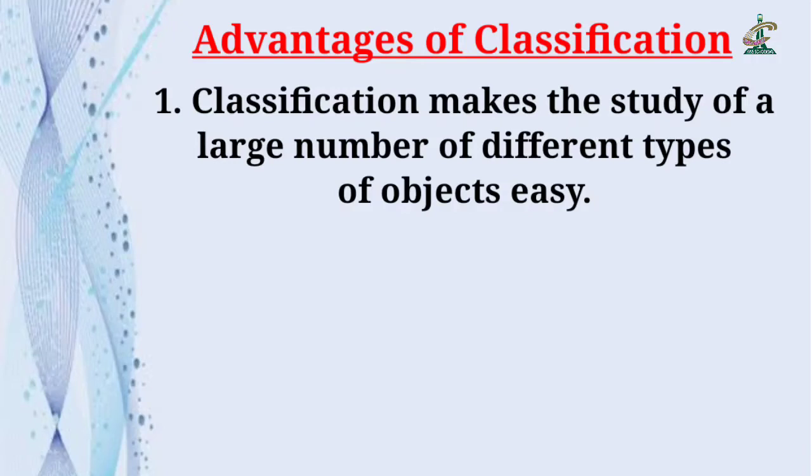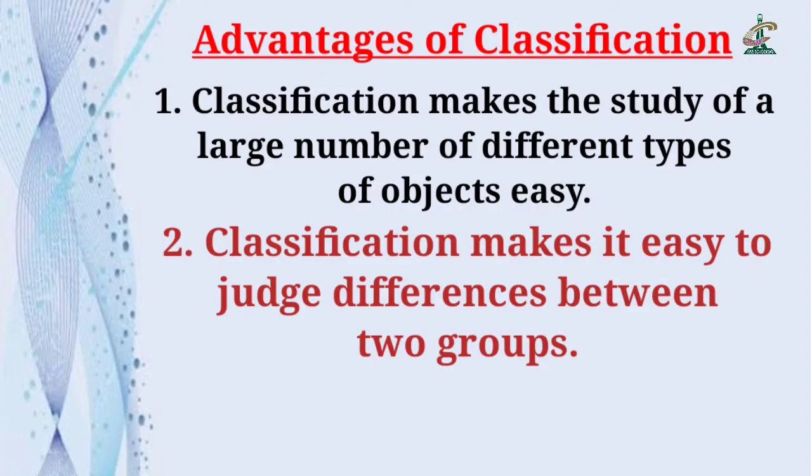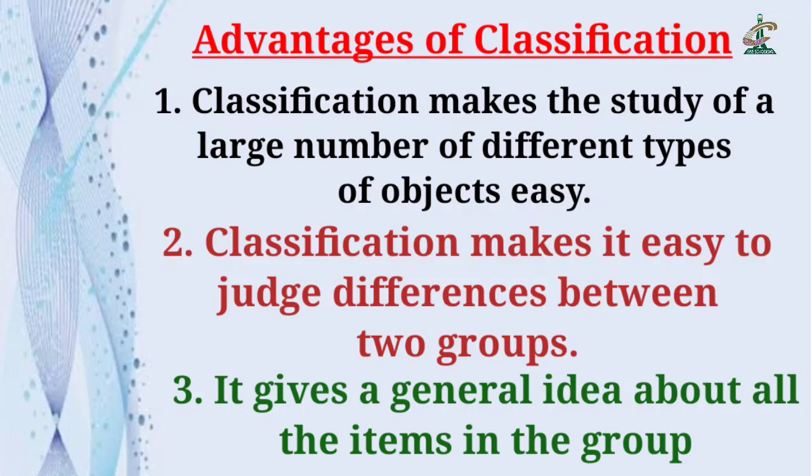Point number 2 is classification makes it easy to judge difference between the two groups. When we make the groups, we would know this was the difference between these two things, so that they are classified differently. Number 3 is it gives a general idea about all the items in a group.